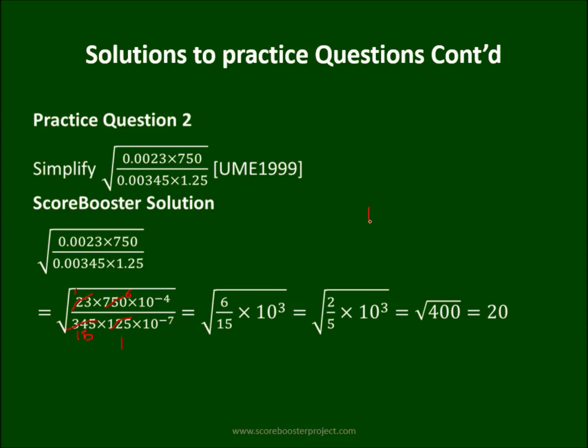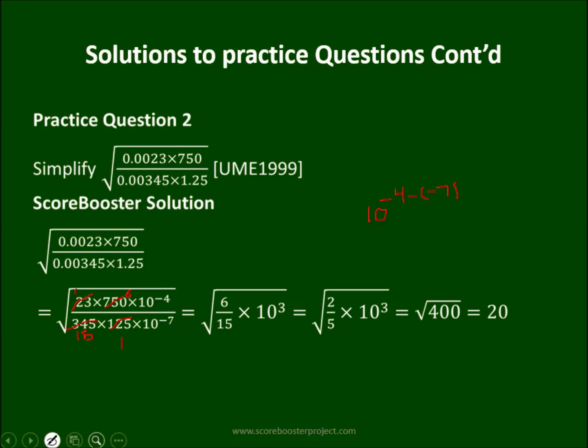So minus 4 plus 7 is 3, so we have 10 raised to power 3.